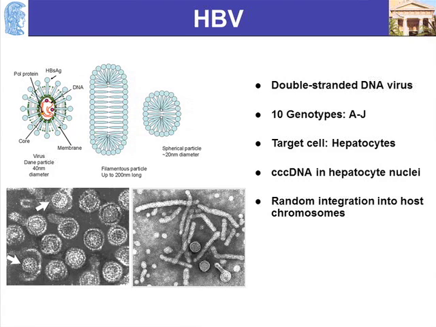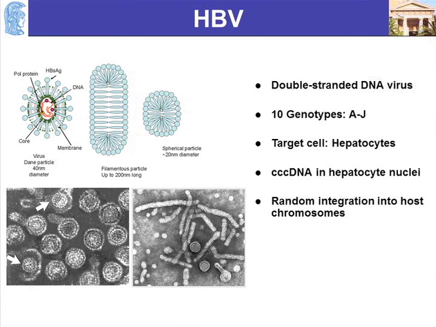So this is a double-stranded DNA virus. There are 10 different genotypes, which, again, you don't need to remember or check for. It targets the hepatocytes. What is different from hepatitis C virus is that this virus goes into the nucleus and forms this covalently closed circular DNA form, which is really difficult to get rid of, even with the best treatment, even when you clear the surface antigen.